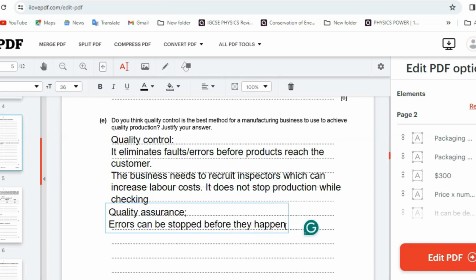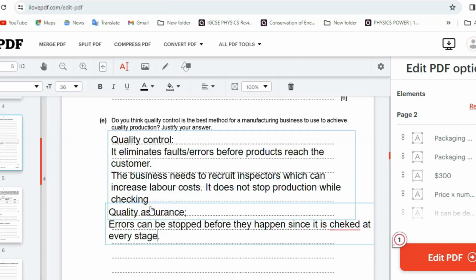Let's put since it is checked at every stage. Yes, it's checked.